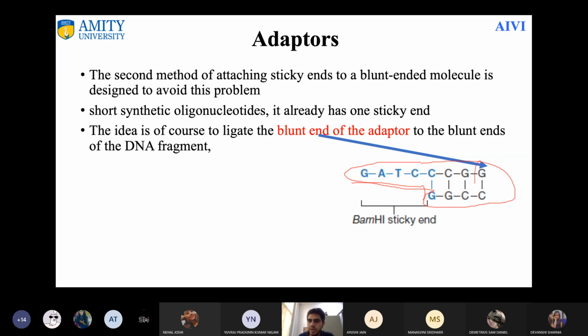So it is going to have one blunt end and one sticky end. You are joining this adapter to the DNA molecule that you have. This is your DNA molecule, which is double stranded and has a blunt end. Because of this blunt end, you can't ligate it efficiently. So what we are doing is adding an adapter to it.